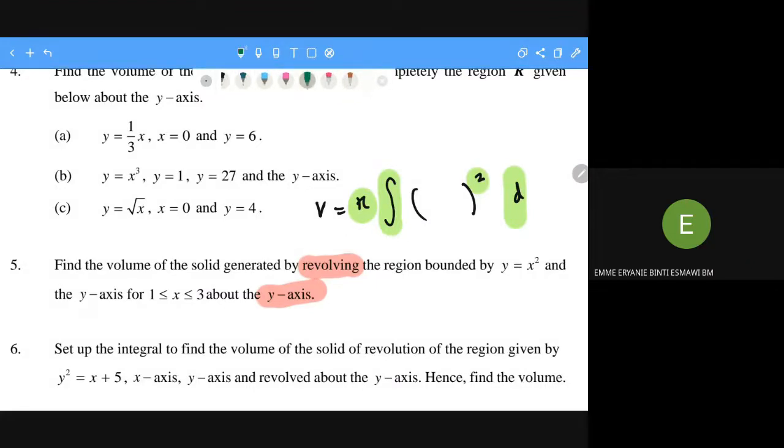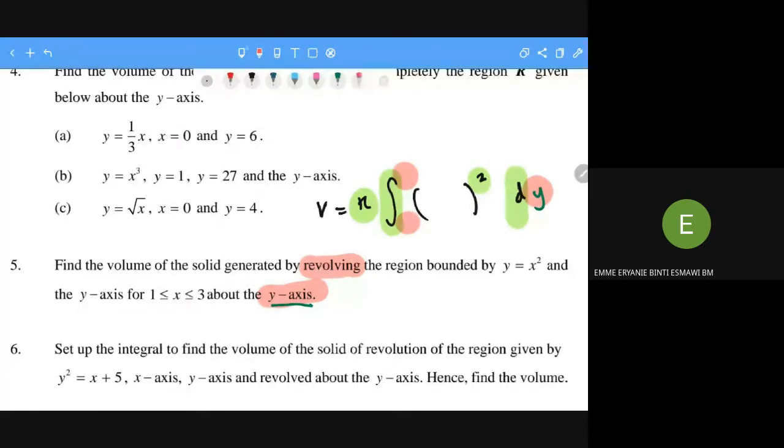And as you can see here, revolve about the y-axis, maksudnya belakang ini dia mestilah y juga. So when belakang itu dah y juga, that means our limit must also be in terms of y. Okay. So let's see if we have any values yang dia cakap bounded by y until where and y until where. Kalau dia ada bagi dah.